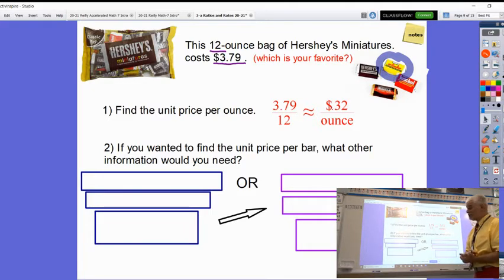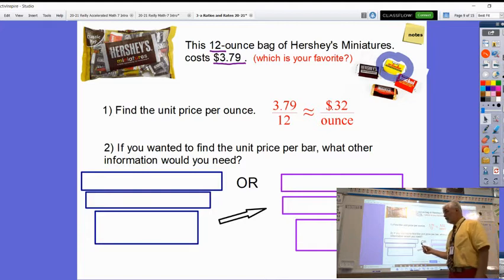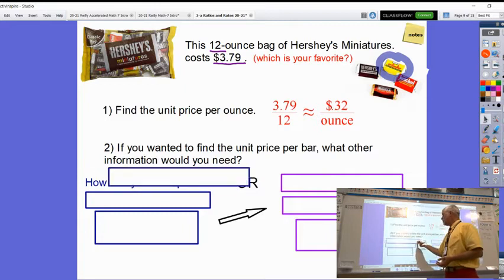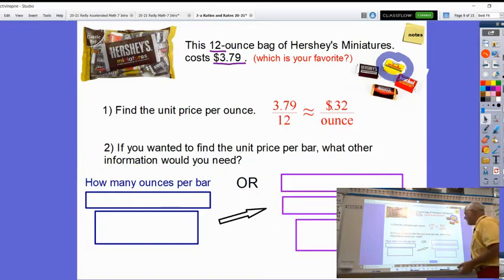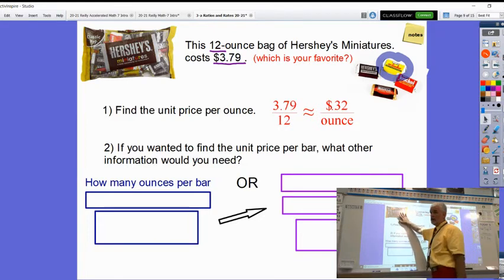There's two ways I could answer it. So what are the two ways? The first way is if you knew how many ounces there were in each candy bar.